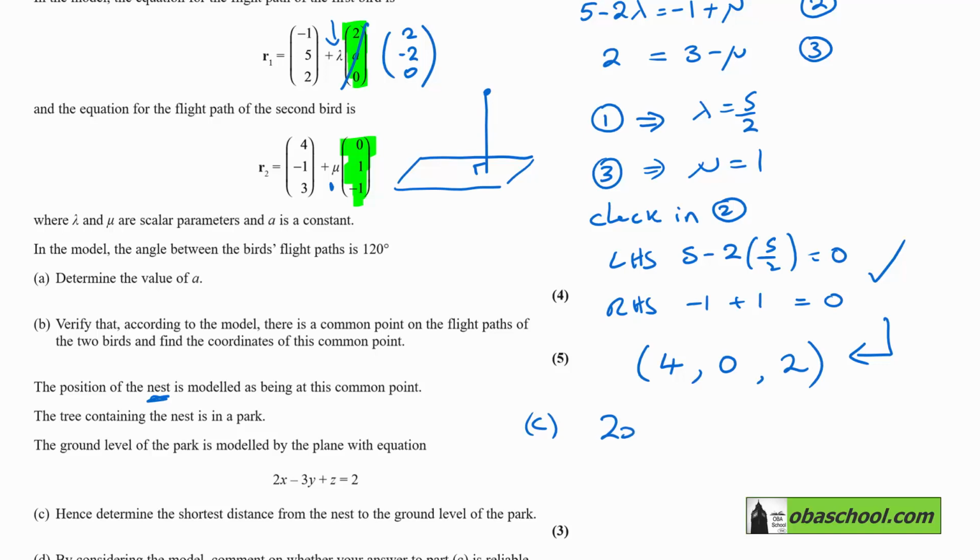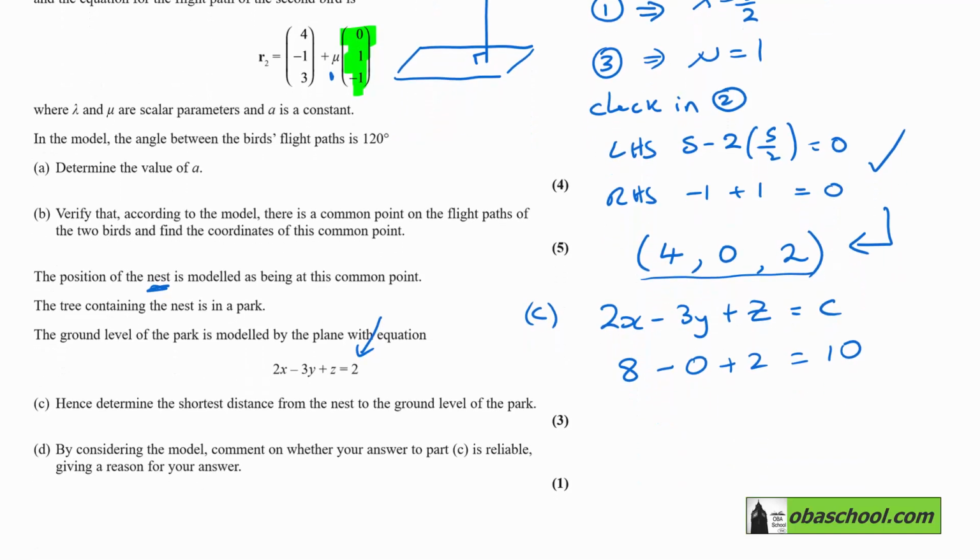So if it's a parallel plane, it will have the same left-hand side, but that will be equal to a different constant than 2. So we can then use the point to work out the constant. So it's going to be 8 take away 0 plus 2 is equal to 10.